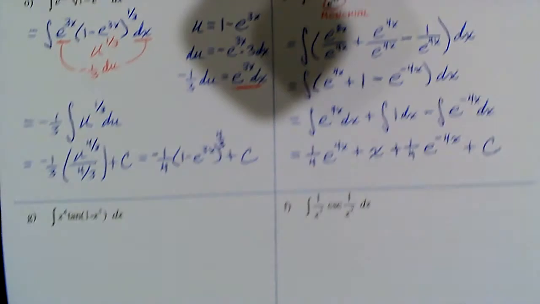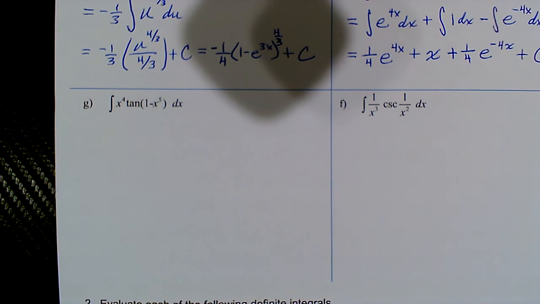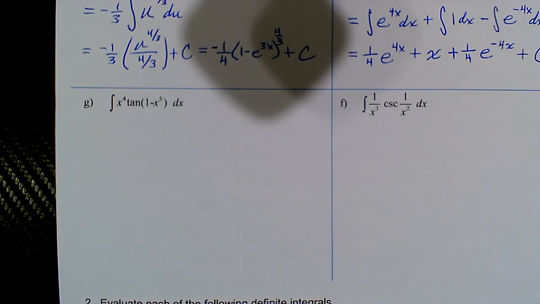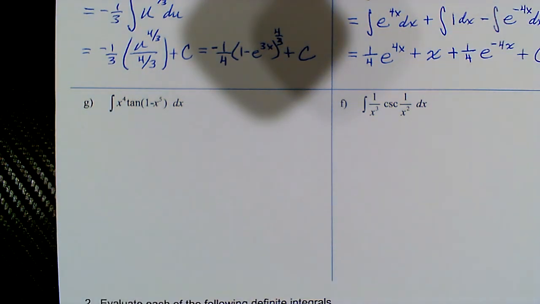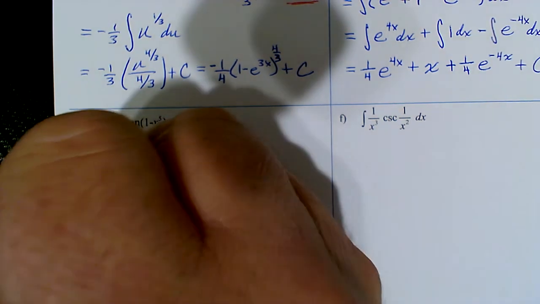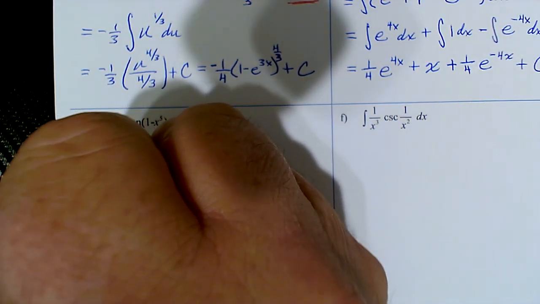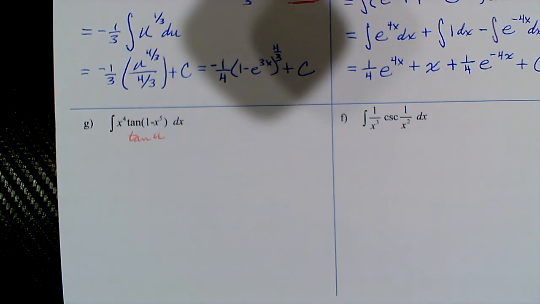Okay, so then here's a couple special situations, a couple special formulas. Letter G has to do with a product of algebraics and Trigs. So we know with our integration strategy that Trigs dominate over the algebraics, so we can consider trying to fit the form of tangent of u.